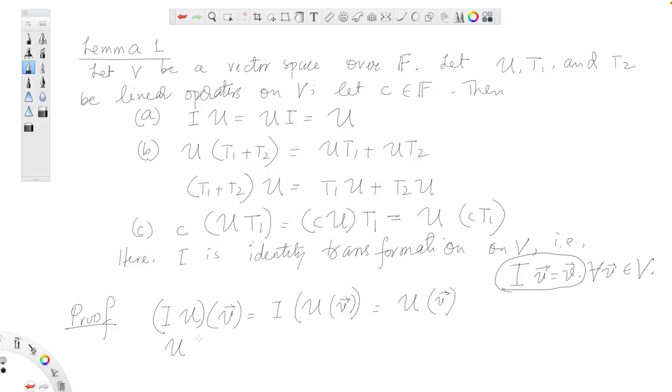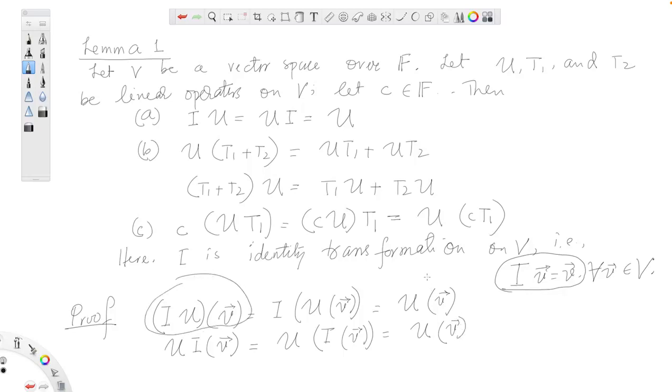So also, if we do this, then according to the definition of composition it is U of I of v, and again invoking the definition of identity transformation it is U of v.